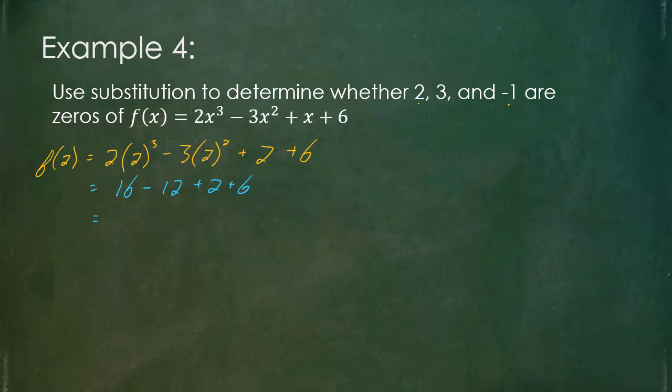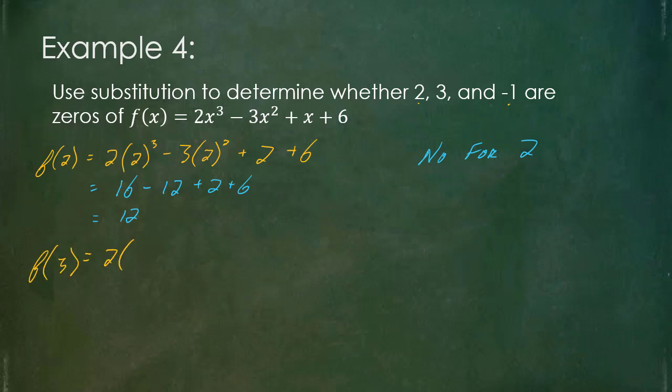Starting from the left and moving to the right, 16 take away 12 would be 4, plus 2 would be 6, plus 6 would be 12. That didn't equal 0, so this one would be a no for 2. As far as is that truly a 0, yes or no, I would go with no since I didn't get 0.